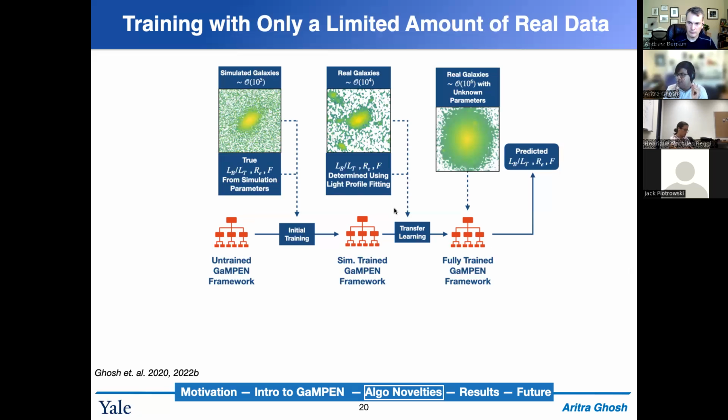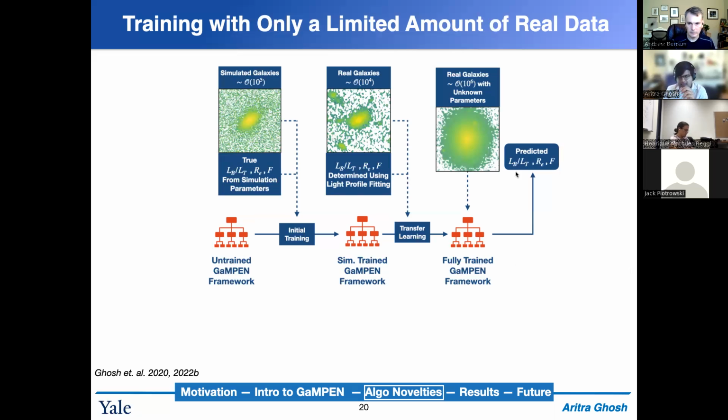And then we take a much smaller subset of the real galaxies that we have, and we determine their true parameters using light profile fitting. This is what we call the transfer learning step, where we take this simulation-trained framework and fine-tune it slightly based on these real galaxies.